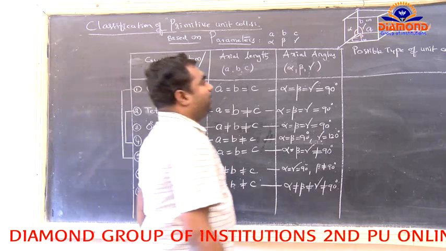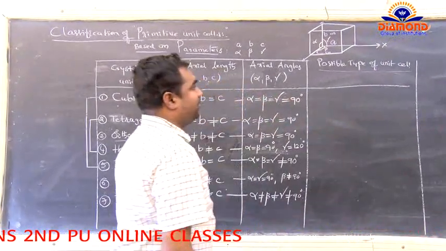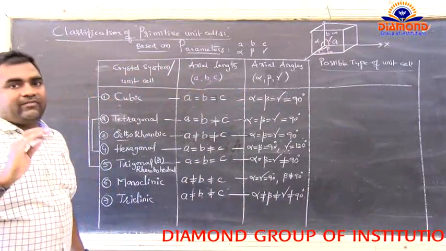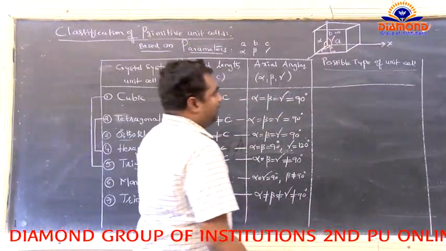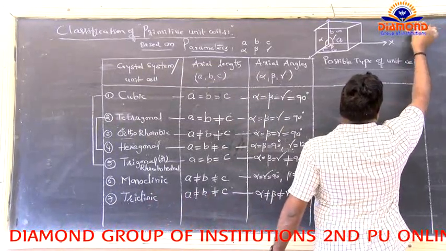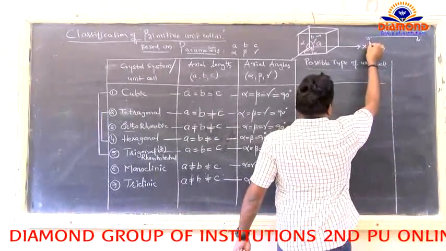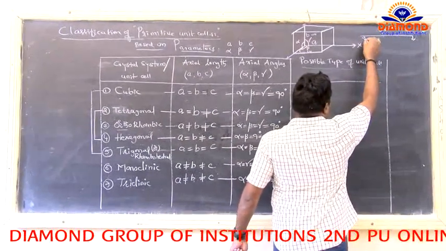Now, what about the possible types of unit cells? We already discussed this in the earlier classes. The unit cell is classified into two types. What are they? The first one, primitive unit cell.